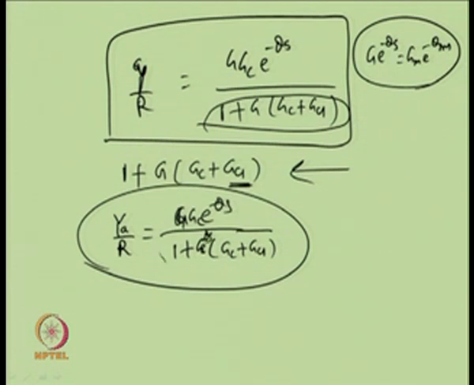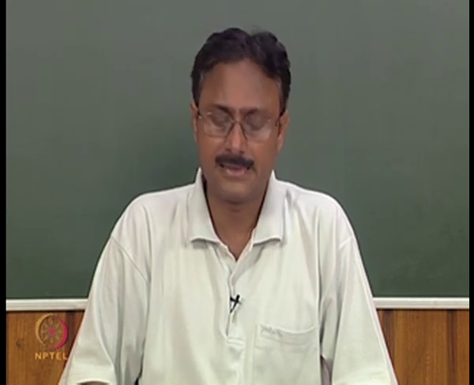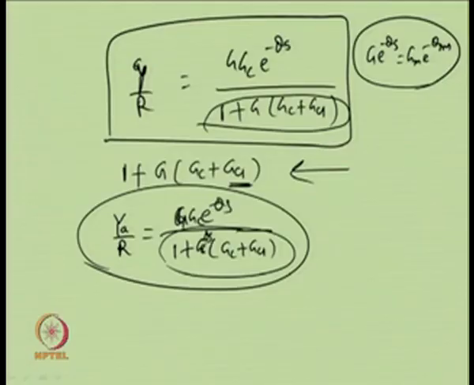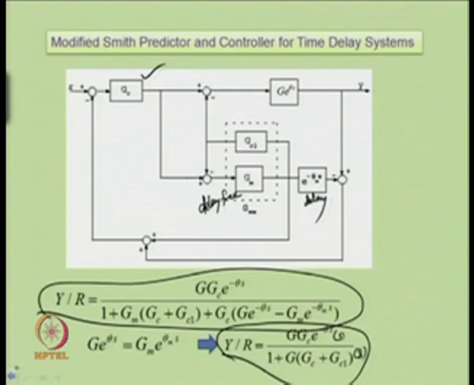The denominator has time delay in it, thus making it difficult to design controllers conveniently, but the modified Smith predictor will not have the time delay term, thus giving us the denominator as 1 plus g g c plus g c 1. So, the benefits of series feedback compensation schemes are also present in this modified Smith predictor and controller structure.